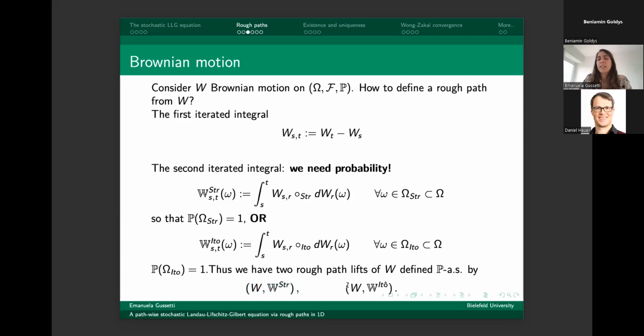Stratonovich integral. One can work with the Ito integral. One will then have other rules of calculus, but I would say that the rough path theory is particularly strong because we can forget about probability and work like in the deterministic setting.